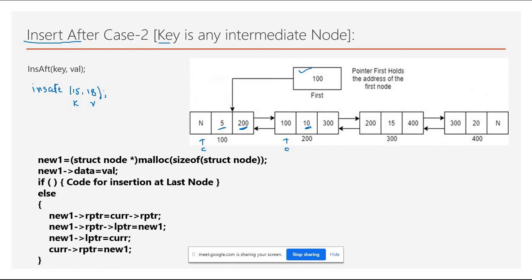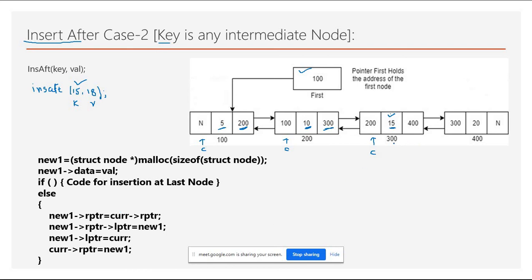No, again key value is 15 and in the data part of the current what we have is 10. So we are just assigning this address to the current. So now current is coming to this 300. Okay, now we are checking if the data part of the current is the same as the key. Yes, key is 15, and current's data part has the same value 15. So now your current pointer will stop the loop and it will stay on 300, right?